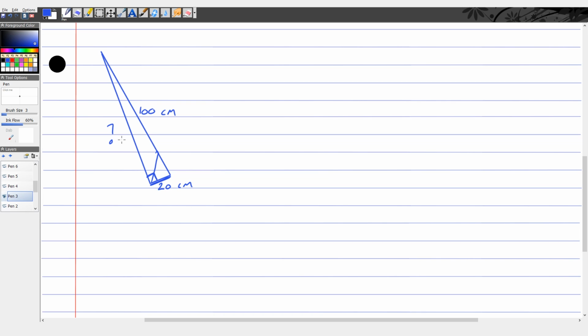And because we're finding a shorter side, we use the formula. A short side is equal to the square root of the longest squared, and we know the longest is 100, take away the other short side squared.